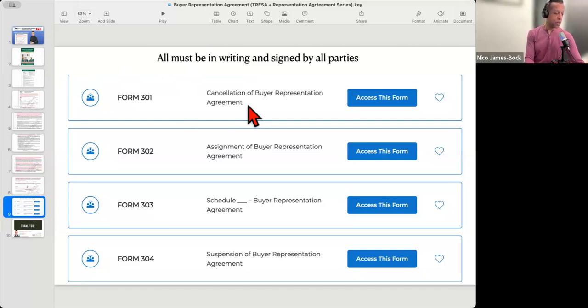All of these forms must be in writing by all parties in order for them to take effect. There are others, but for the purposes of this particular explanation, we will limit it to the buyer representation agreement and these most common forms.